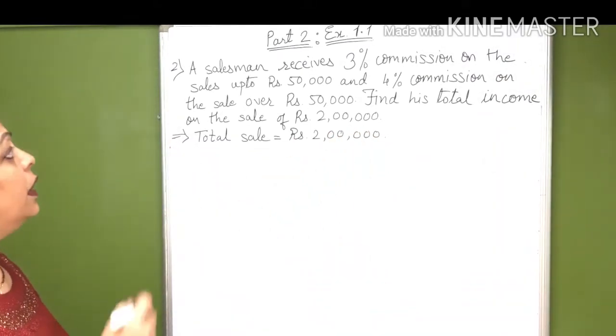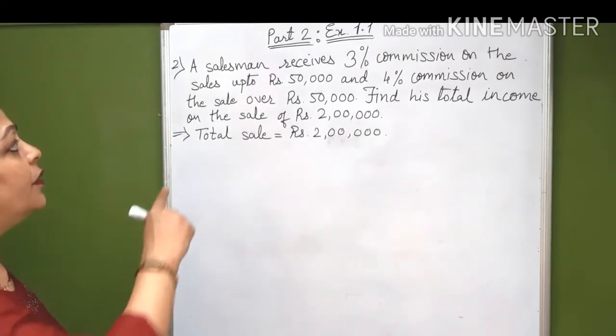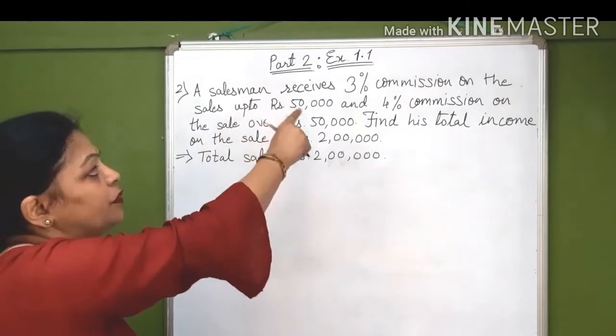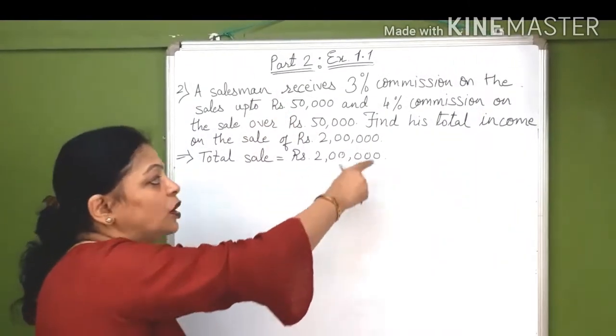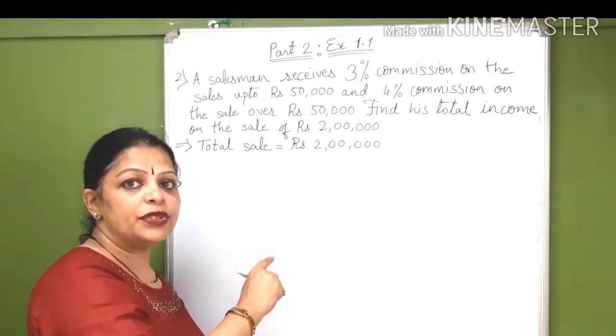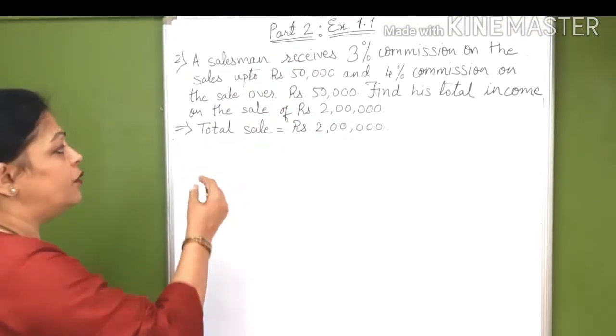Correct? But the rate of commission is not the same all over. What they have given is the salesman receives 3% commission on the sales up to 50,000. That means out of this 2 lakhs, on the first 50,000, he will get the commission at the rate of 3%. So let us first count that.